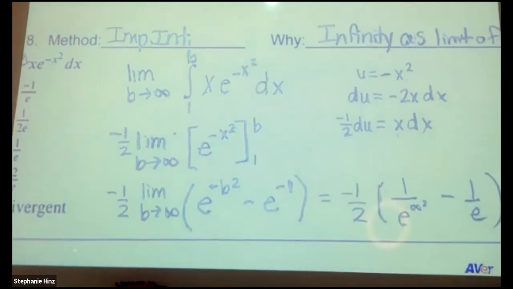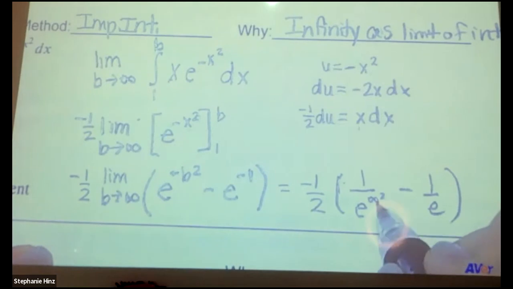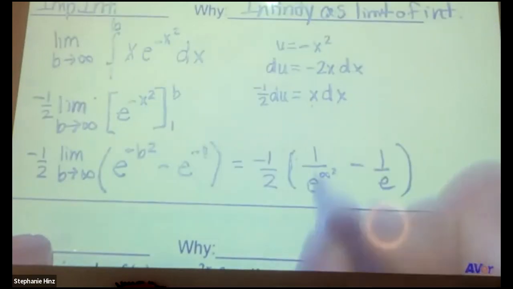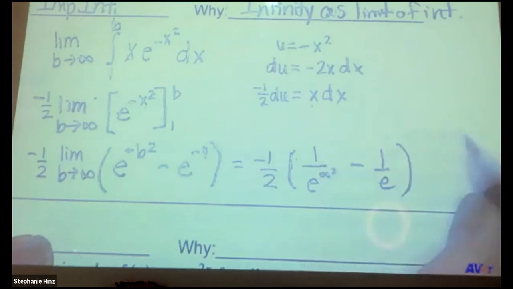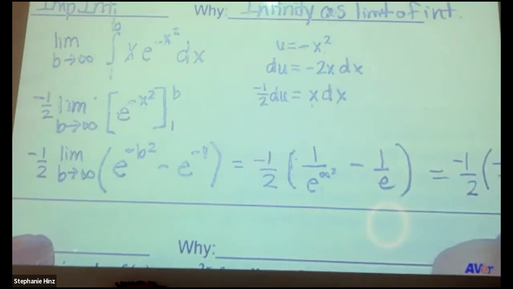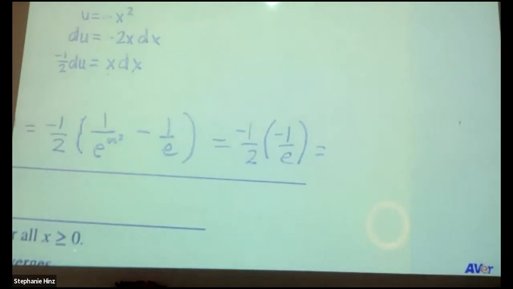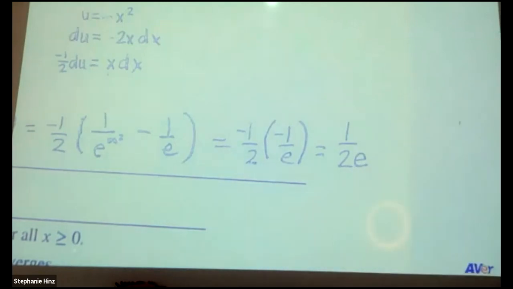Well, infinity squared is infinity, and 1 over infinity is 0. Remember that from your first unit, I hope. When you divide by a gigantic number, that's going to end up being 0. So we end up with negative 1/2 times 0 minus 1 over e. So let me scoot over my fancy technology. We've got 1 over 2e.